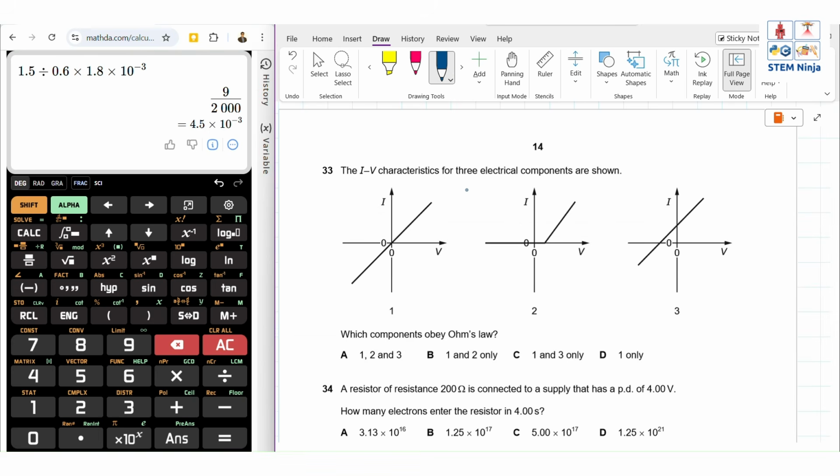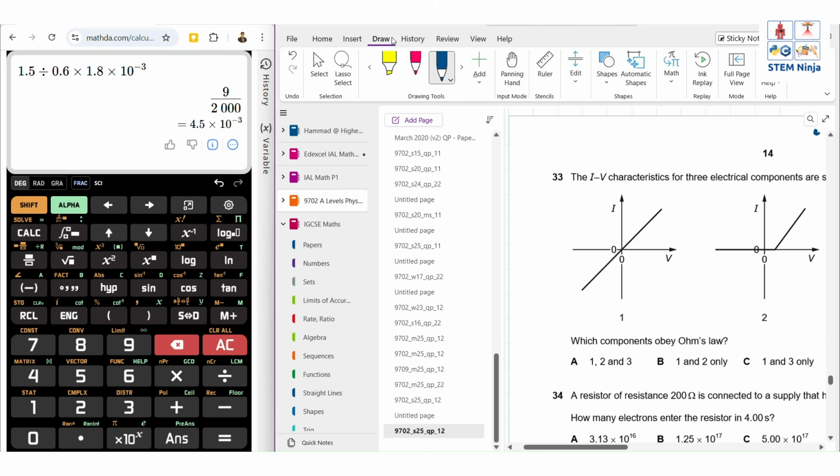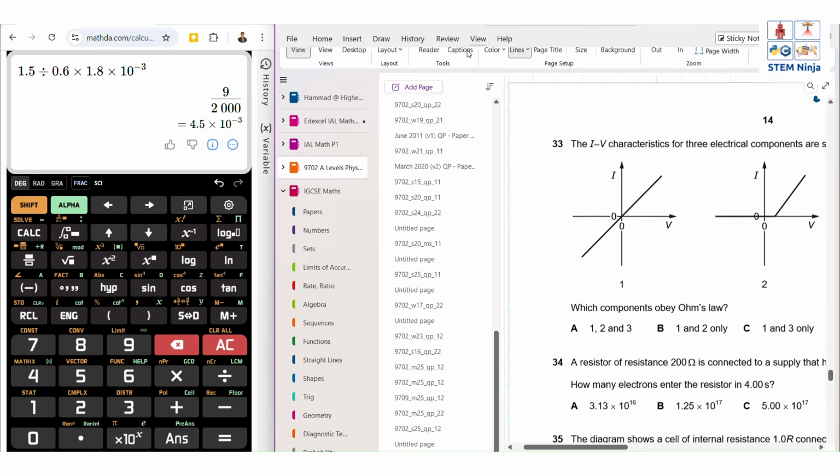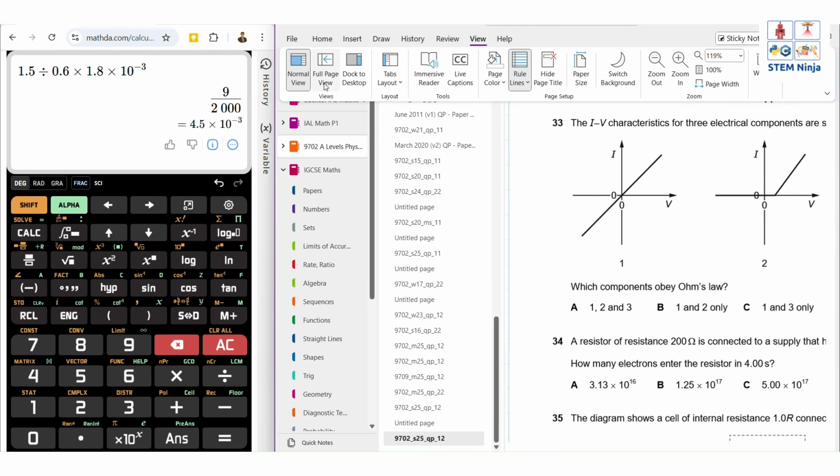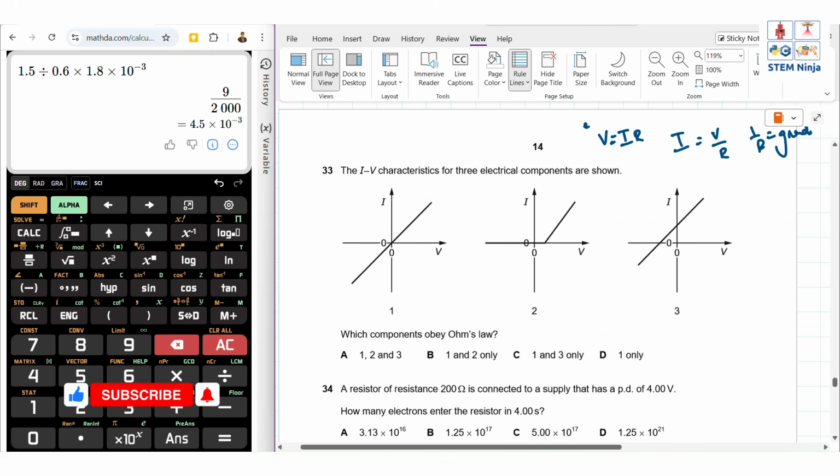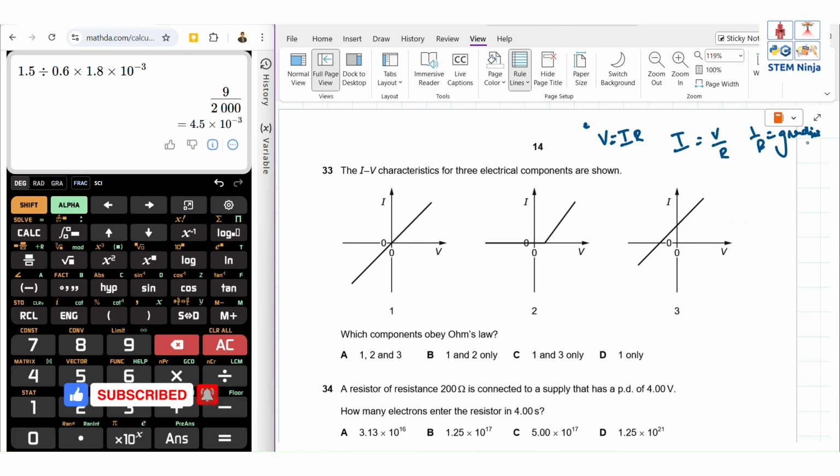The IV characteristics of three electrical components are shown. Which component obeys Ohm's law? Ohm's law is V equals IR, or I equals V over R, where 1 over R is the gradient.